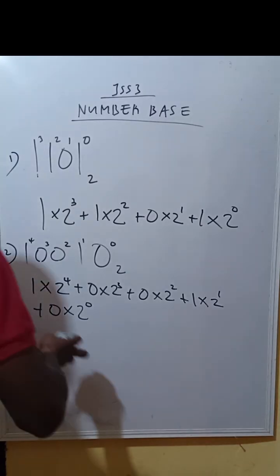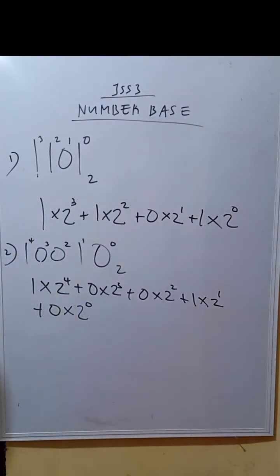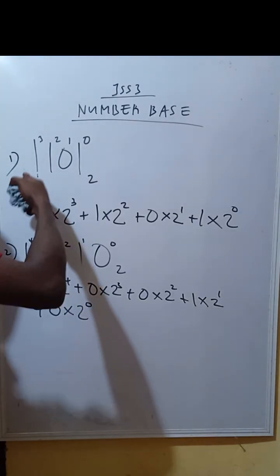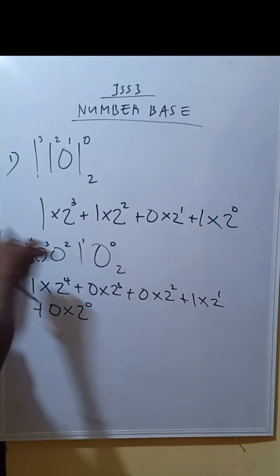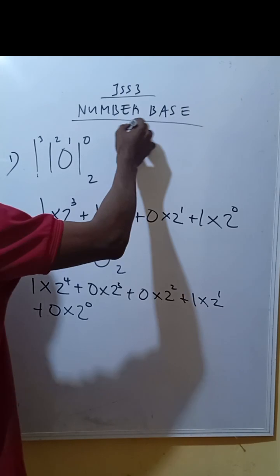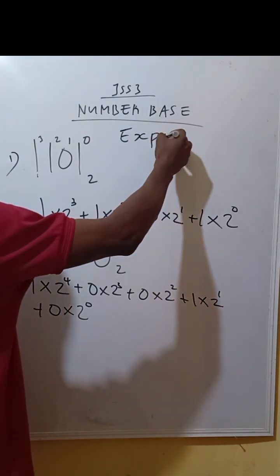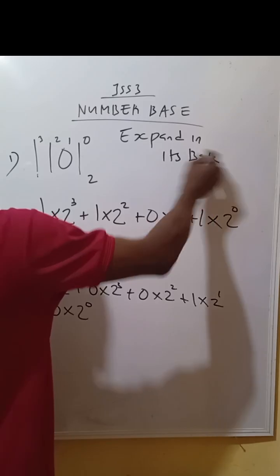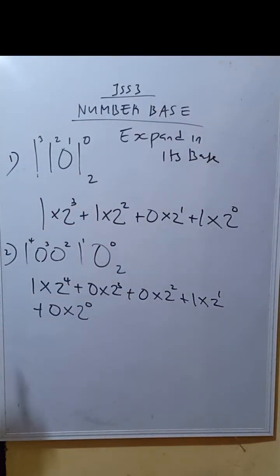What we need to learn after this is how to convert a number in base 2 to base 10. It's very, very simple. It involves this process. What we have done here is to expand in the power of this base.